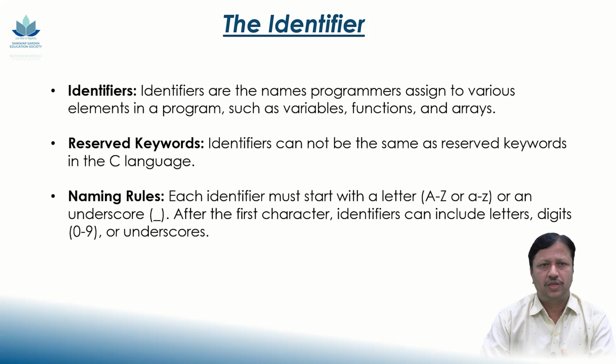Naming rules: each identifier must start with a letter A to Z, capital or small, or an underscore. After the first character, identifiers can include letters, digits 0 to 9 or underscores. These rules ensure that identifiers are valid and recognizable by the compiler.